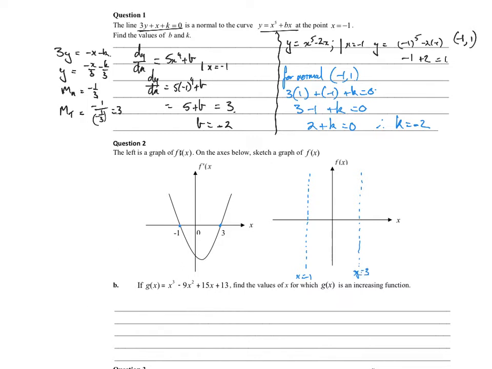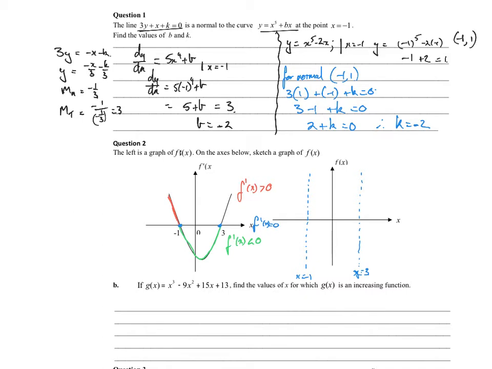So the gradient here is above the axis. So this section here is where the gradient is positive. This section here, that's where the gradient is negative. And as we said, those points there, that's where the gradient is 0.